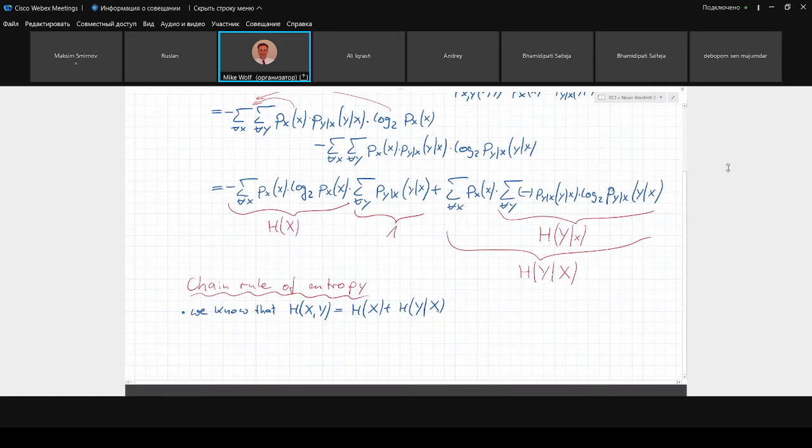So now we consider, let us consider a three-dimensional random variable. Let's say x, y, and let's say z also. Yeah, so we have three random variables, x, y, and z.